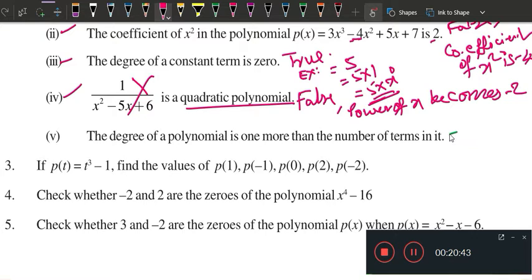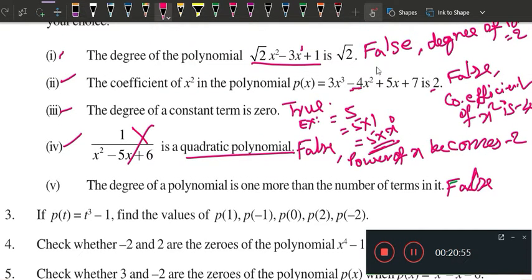No, it is also false, because suppose we take an example. What is its degree? 3. How many terms are there? 1, 2, 3, 4 terms. Is it 1 more than the total number of terms? No. So it is wrong. Did you get it or not?